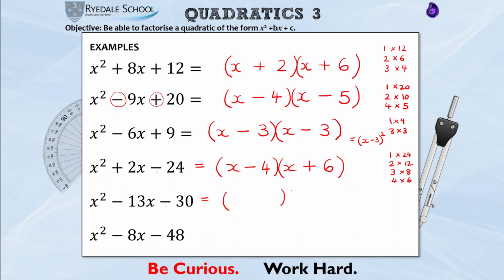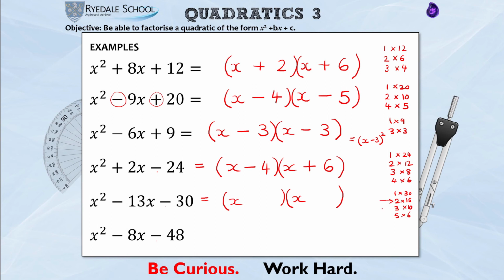Let's look at x squared minus 13x take away 30. What numbers multiply to make 30? Well, we've got 1 and 30, 2 and 15, 3 and 10, 5 and 6. Now, which ones are we going to use?